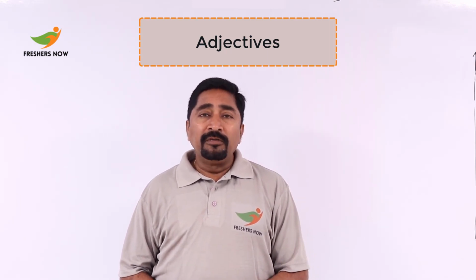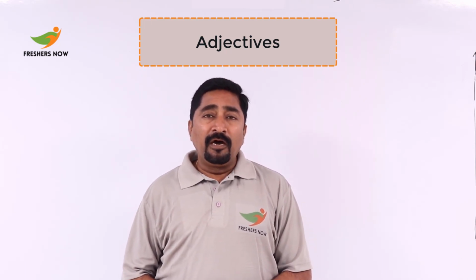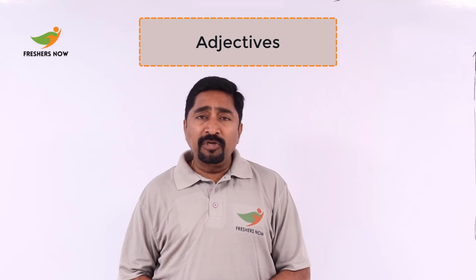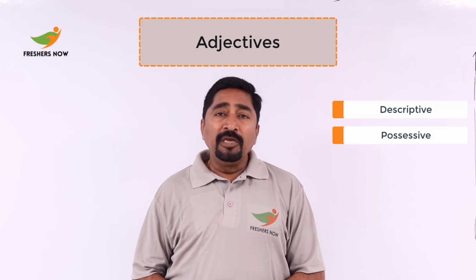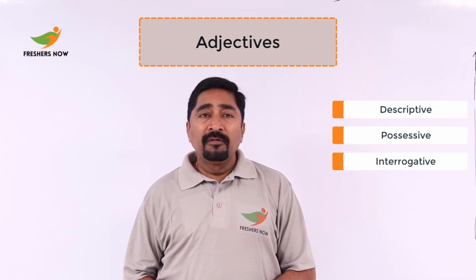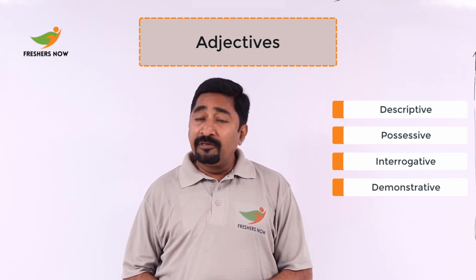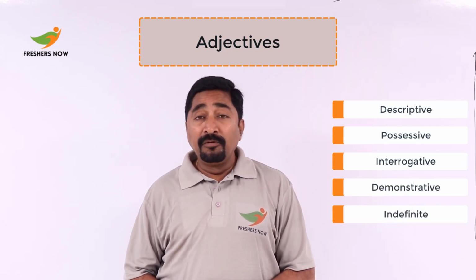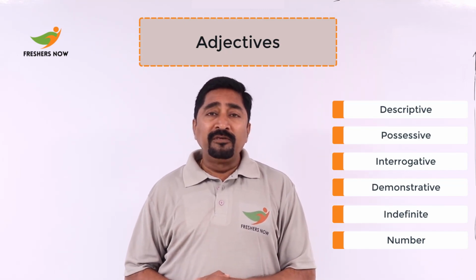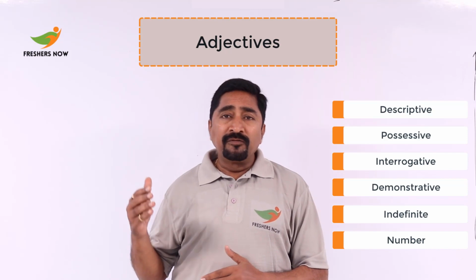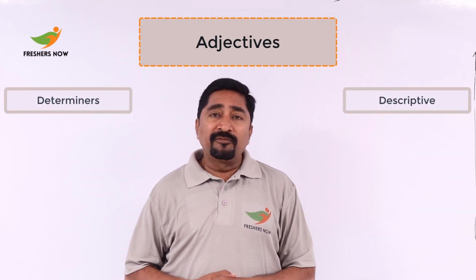The different types of adjectives are descriptive adjectives, possessive adjectives, interrogative adjectives, demonstrative adjectives, indefinite adjectives and number adjectives. As I told, in two ways we can decide it: one is determiners and the other is descriptive adjectives.